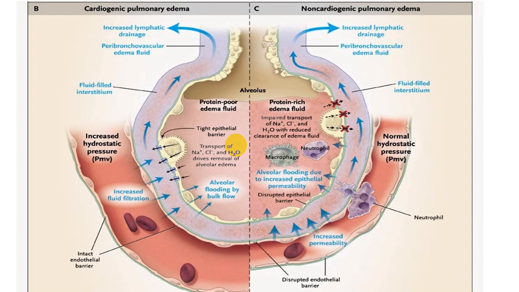Hypoxemia is a state of low oxygen in the blood, and people feel shortness of breath, and many people die from these causes.